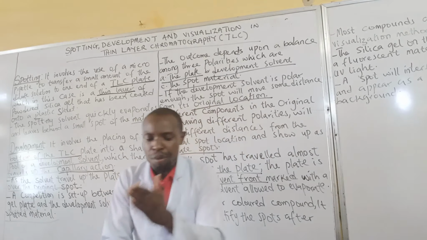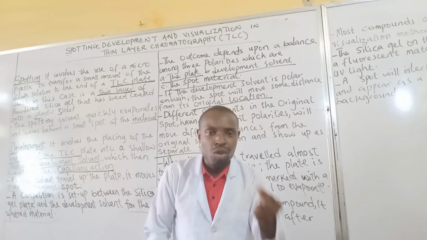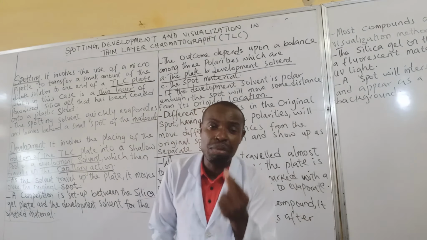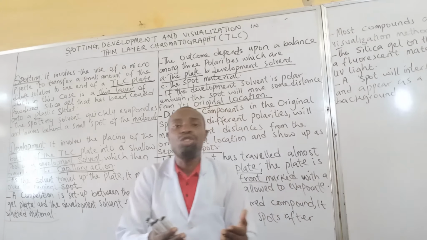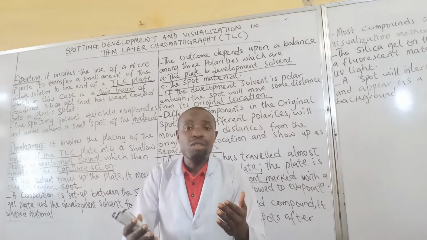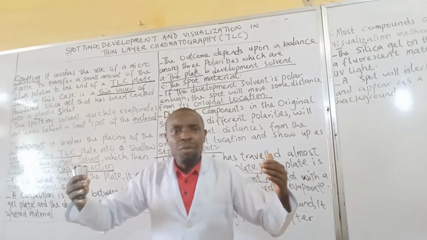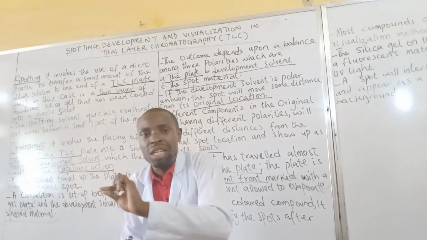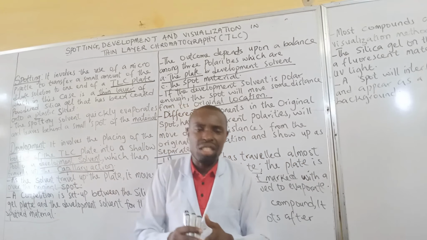We use a micropipette to transfer a small portion of that dilute solution at one end of the TLC plate. And we have said that the TLC plate involves a thin layer of silica gel that has been absorbed onto a plastic sheet.